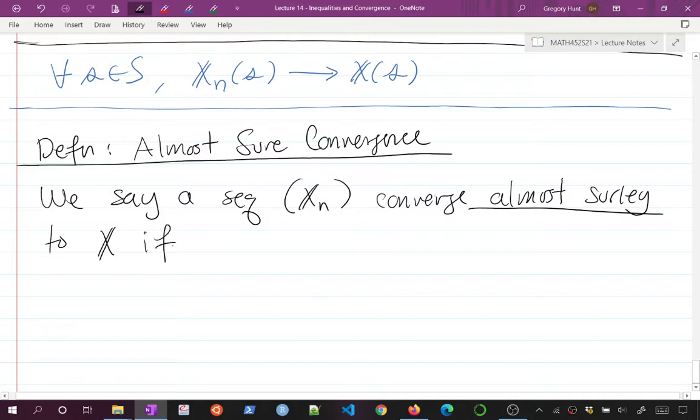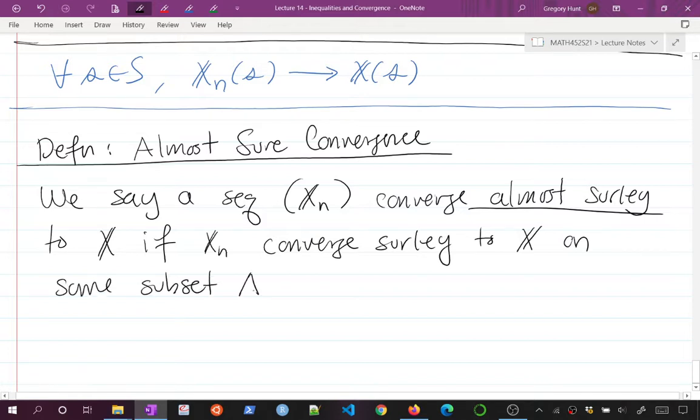if the xn converge pointwise to x on some subset, let's say A, of S. So they don't converge for every possible s, but they converge on some subset of my sample space that is sufficiently large.